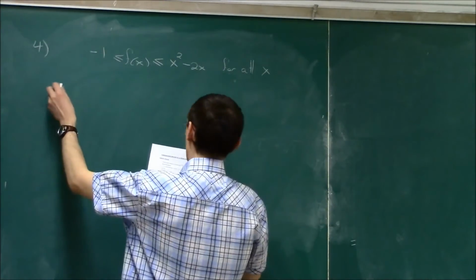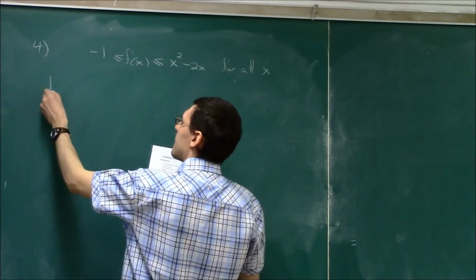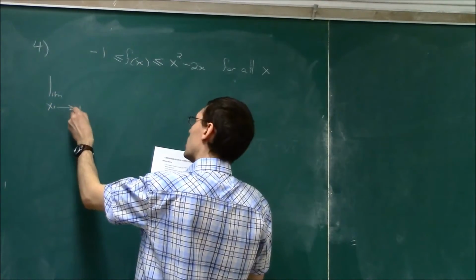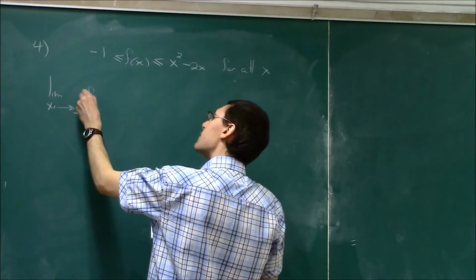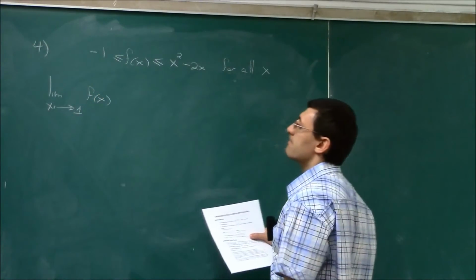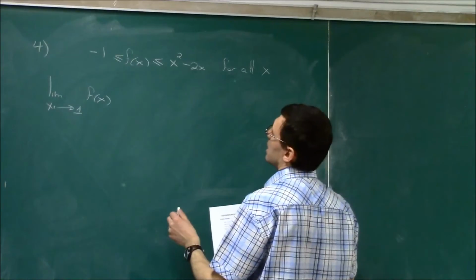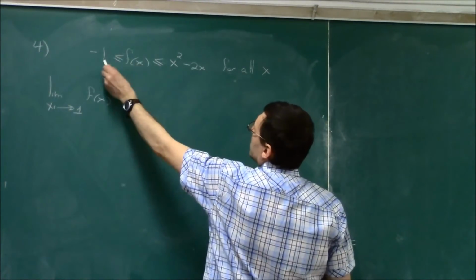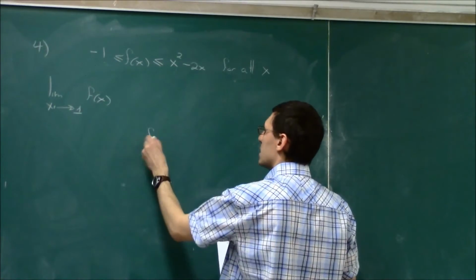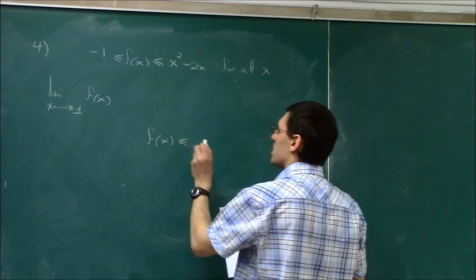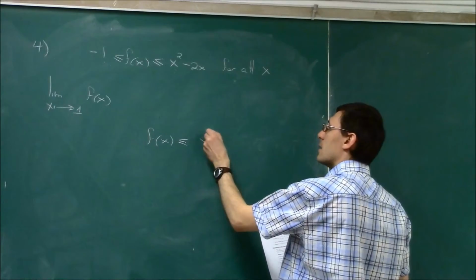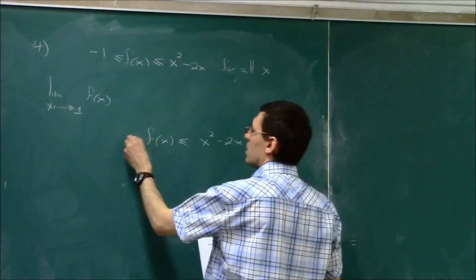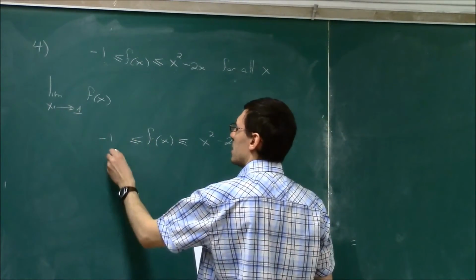So then let's try to calculate what is the limit as x goes to 1 of f of x. Now again, what we can do here is we already have everything wonderfully squeezed between the two bounds, so we don't need to do much work. We just use the upper bound x squared minus 2x and the lower bound -1 and then see what happens.